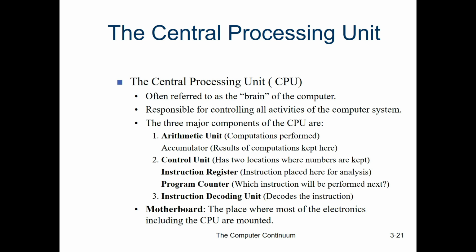And inside the CPU we have the control unit, which controls how any operation needs to be performed. Has two locations where numbers are kept. Then we have instruction registers, where instructions are placed for analysis. Then we have the program counter, which counts the address and which instruction needs to be performed next. Like the instructions from this address to this address need to be performed at this time, so the program counter counts that.